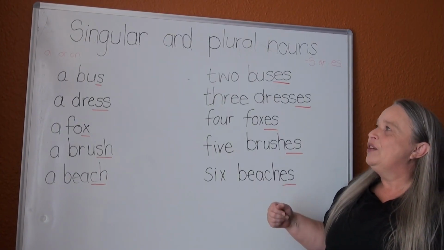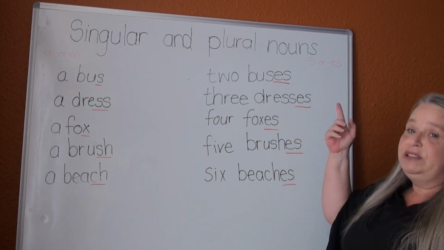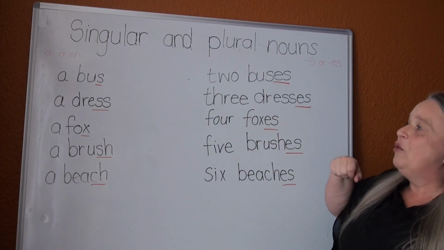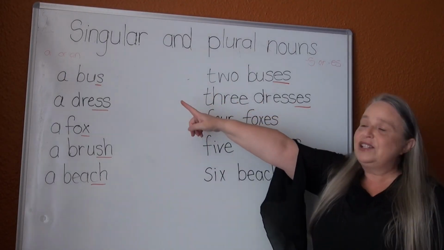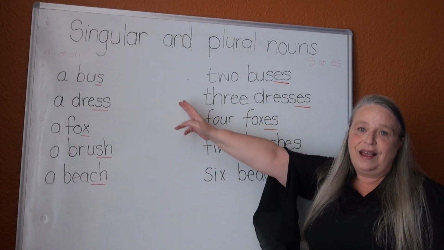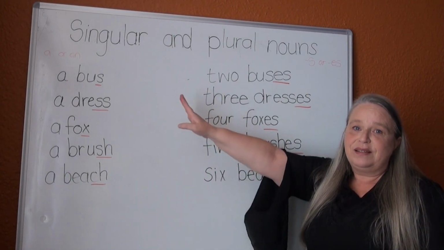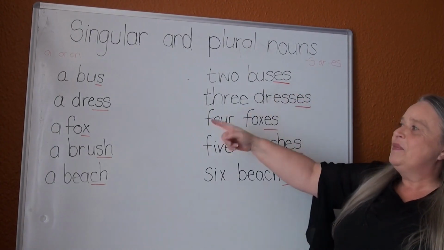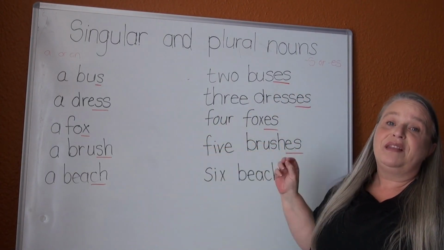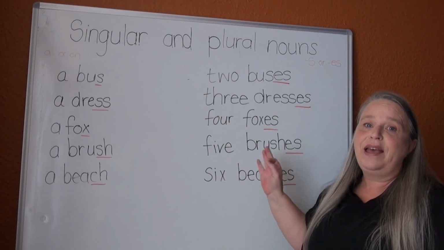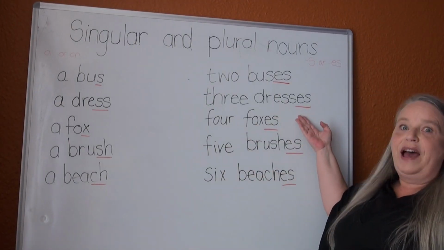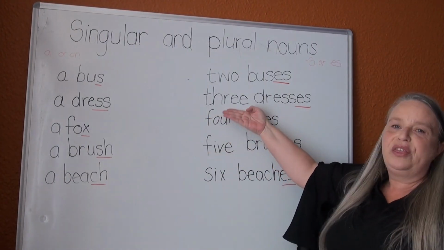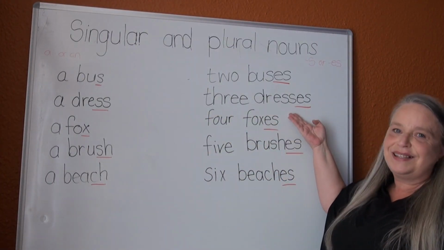Okay, so those nouns again, plural nouns, when do they get es? We look at when the noun ends on s, like a bus, one bus, but 2 buses, es. A dress, when the noun ends with double s, we add an es for plural. So a dress, but 3 dresses.